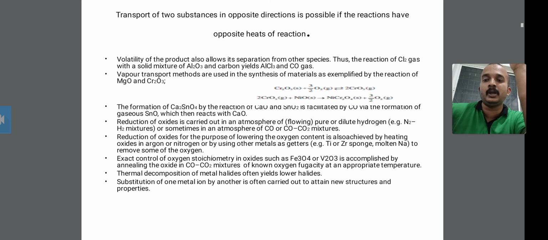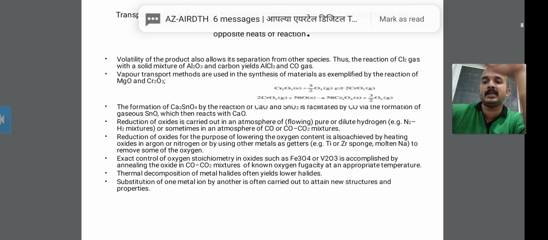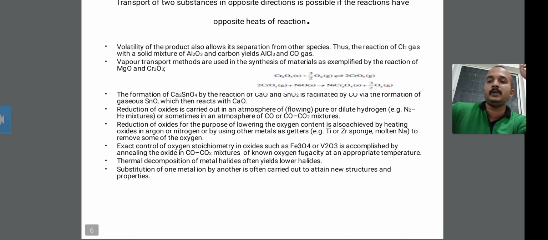Then the formation of Ca2SnO4 by the reaction of calcium oxide and SnO2 is facilitated via the formation of gaseous SnO, which then reacts with the calcium oxide.